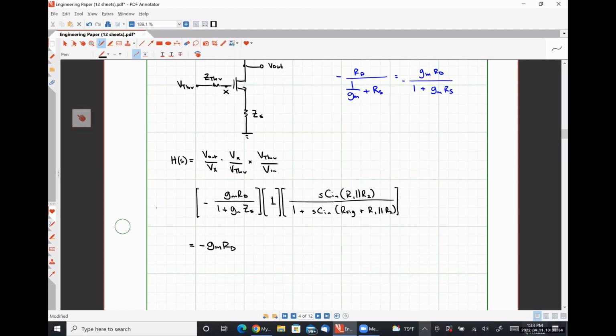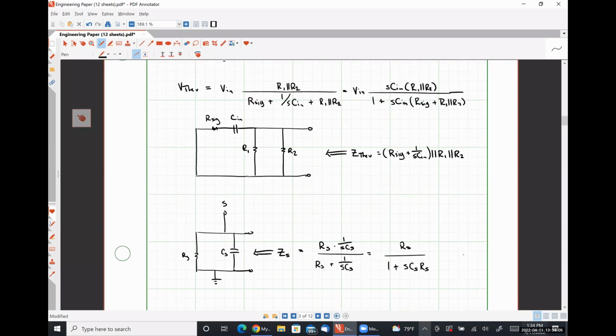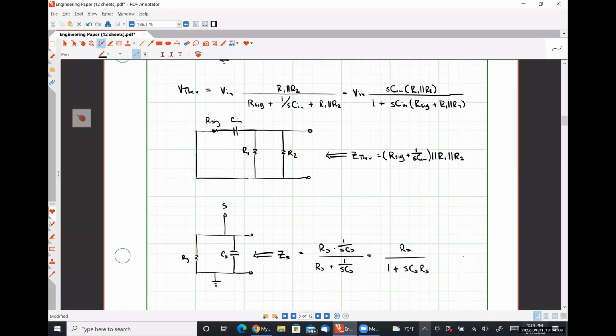Okay. So I've pulled out my factor of negative GM RD. I'm going to multiply that by a factor of 1 over 1 plus GM, and now I'm simply substituting in the relationship that we got for ZS on the last page. So I'm simply plugging this in and multiplying it by that GM.